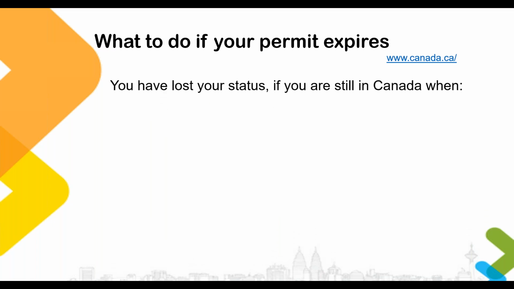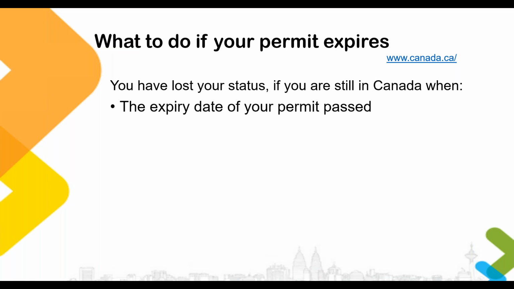Now, if your study permit expires, it means that you have lost status in Canada. There are some cases when you can actually restore that. So again, it would mean that you have lost your Canadian status if you are still here when that permit expires.